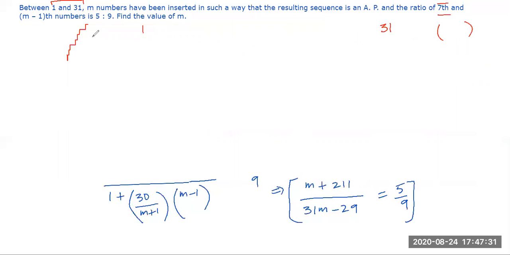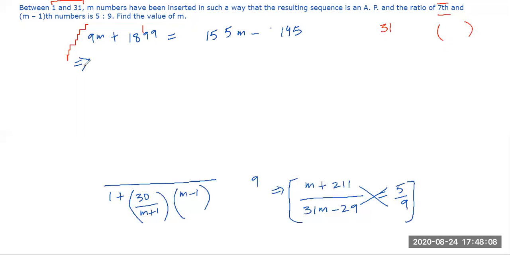So you get 9m, cross multiply, 9m plus 9 into 211 is 1899, is equal to 5 into 31m is 155m minus 29 into 5. How much is 29 into 5? 145. Thank you. Good, that's good.